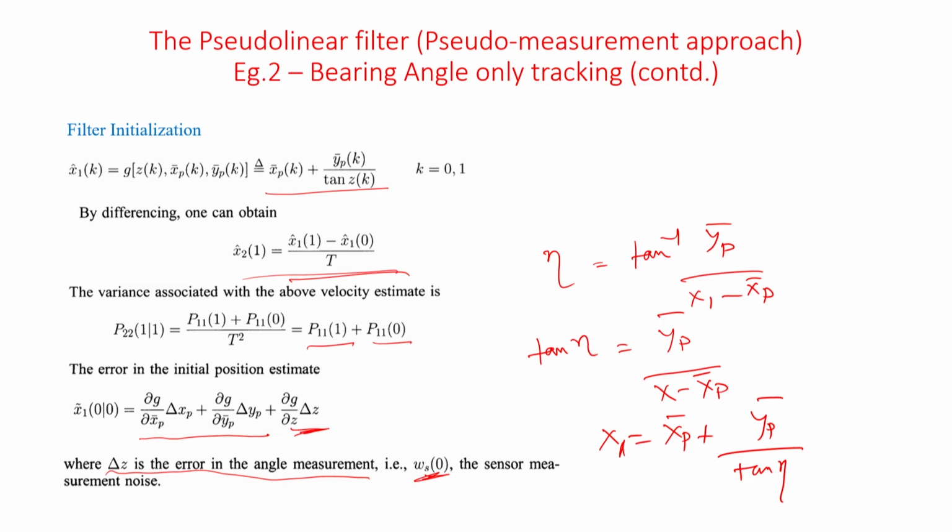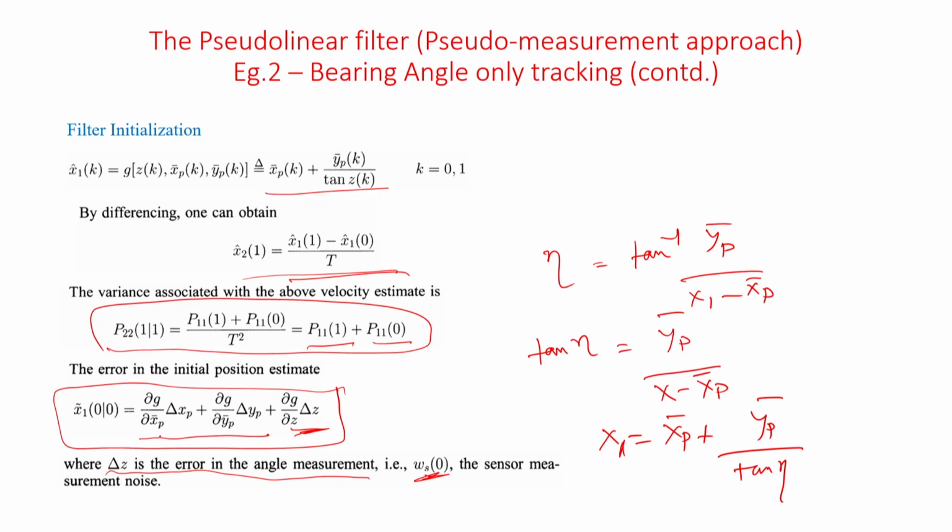EKF is sometimes initialization dependent, not all the time, but sometimes. Here we have simply used the 2-point extrapolation principle. For my position I have used my first measurement, and from the derivative of that I get my next state, and I get P22 as well, and the error in the initial position estimate like this.